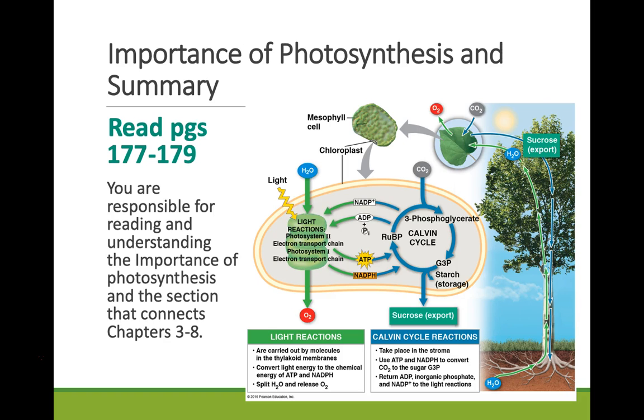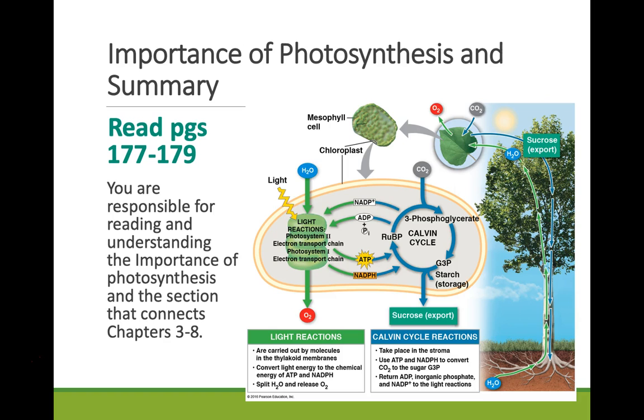If you turn to page 177 in your textbook, there's a really nice overview of the importance of photosynthesis. I would really like you to read this and understand it, because it connects basically this whole unit, even more than this unit, chapters 3 through 8. But just as a quick overview, photosynthesis is really important, not only because it provides all of the chemical energy for life on Earth, but it also is part of the carbon cycle. In the carbon cycle, carbon dioxide is taken out of the atmosphere. It's put into this G3P, which is then used to make molecules for the plants.